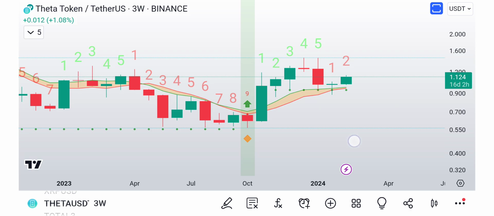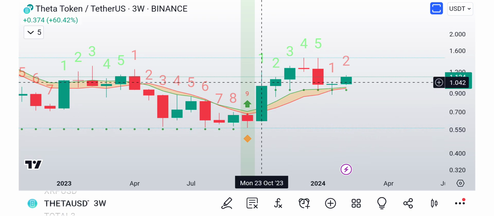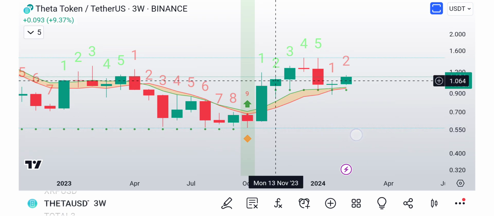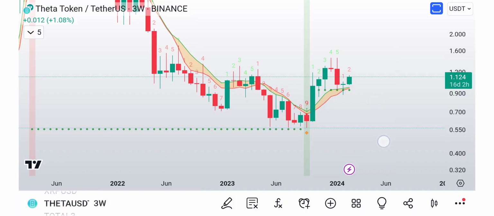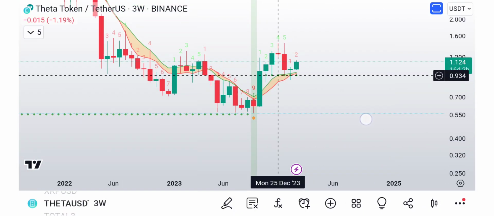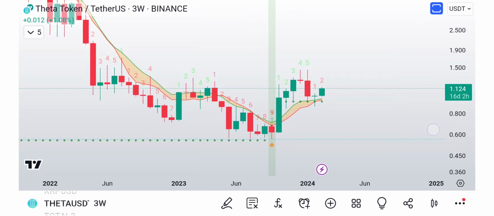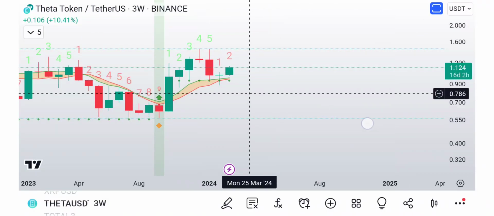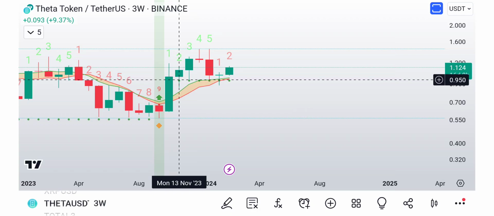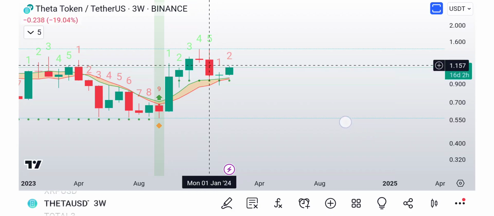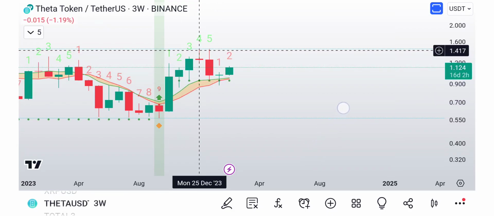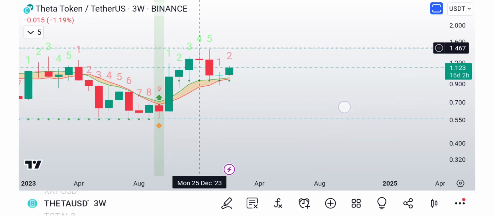So we broke above the bull market support band, which then what did it do? We have these other green dots, which in fact are supporting the price pretty nicely. But not only that, we are also backtesting the bull market support band. So we come up, right? You can see this candle was a top.